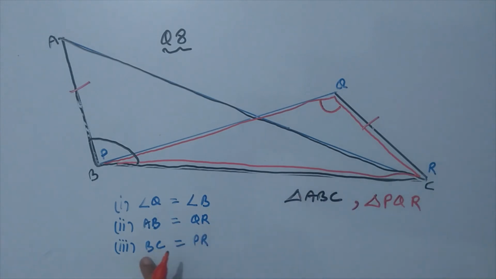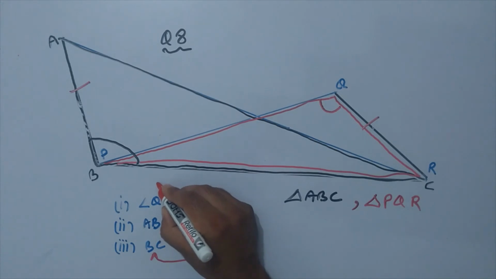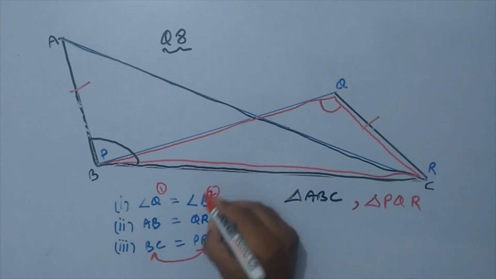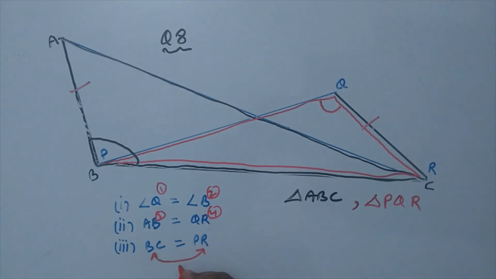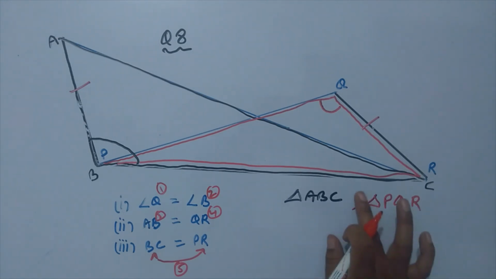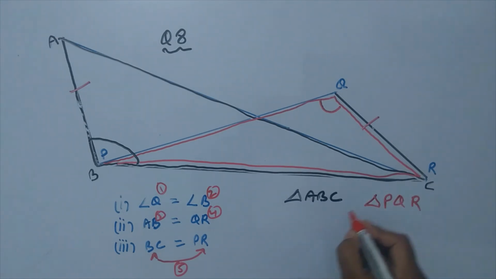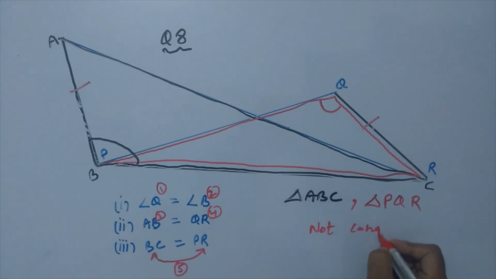BC is common, BC equal to PR. See, they are same, so we consider them equal. So out of these pairs, 1, 2, 3, 4, they are together 5. So even though these 5 things are there, these two triangles are not congruent.